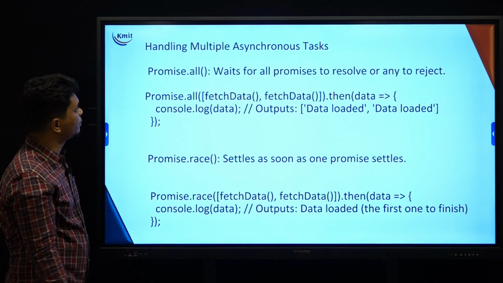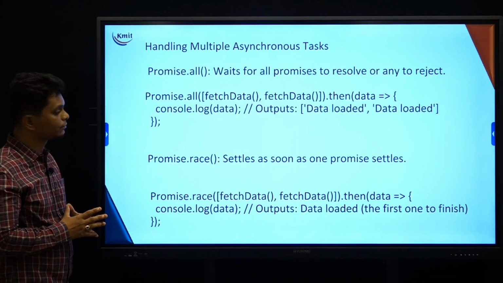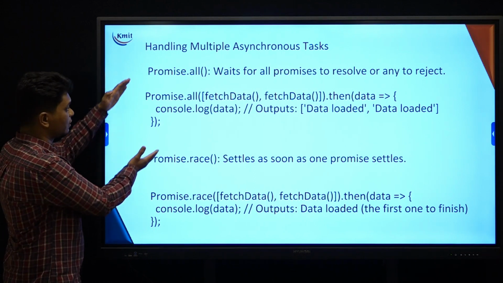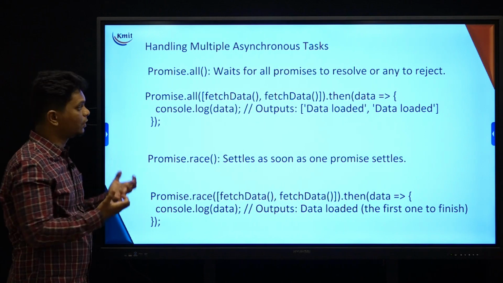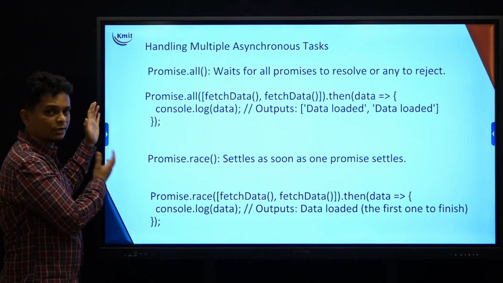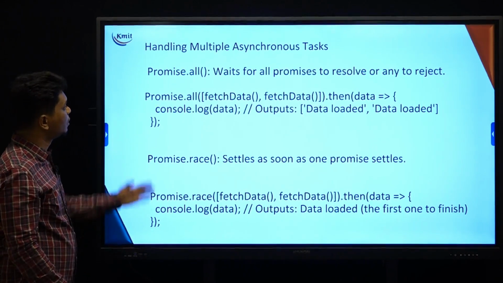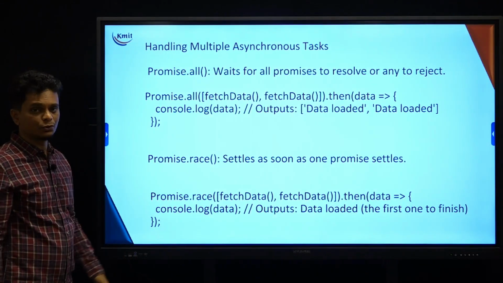Moving forward, let's try to understand handling multiple asynchronous tasks. We have seen this yesterday, and the same methods are very useful here too. We discussed them in the previous video, but I felt it is important to discuss these again. Promise.all waits for all the promises to resolve.